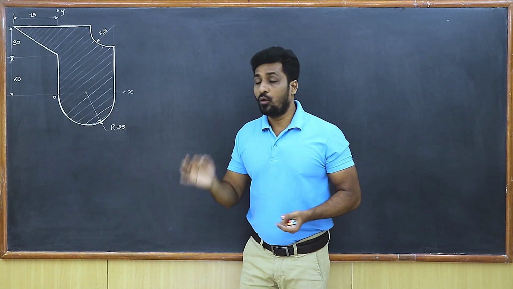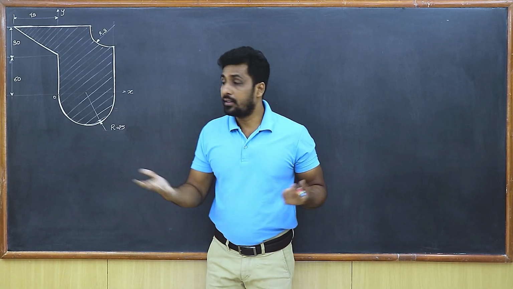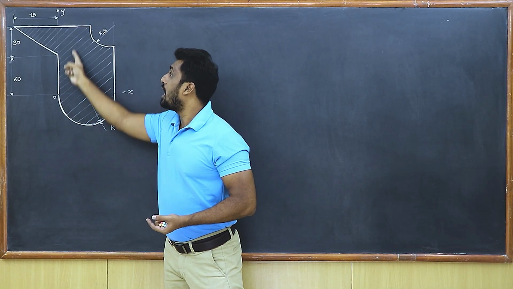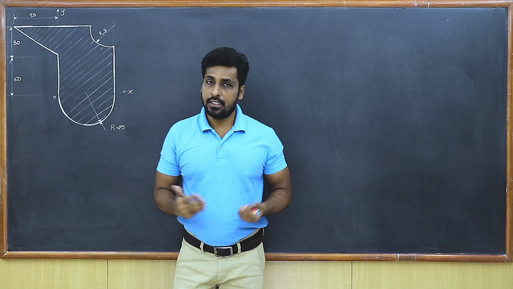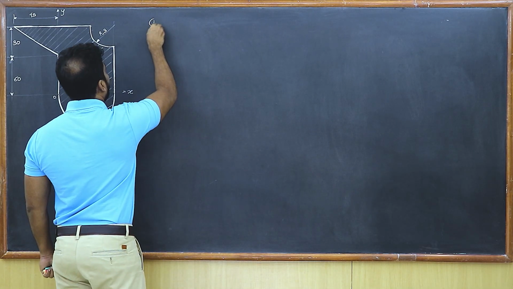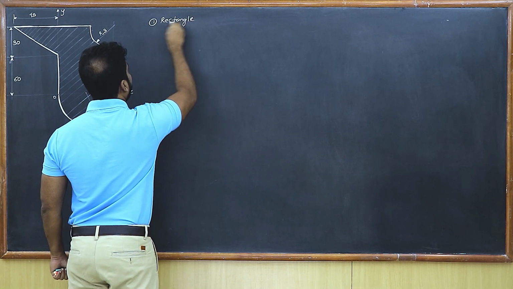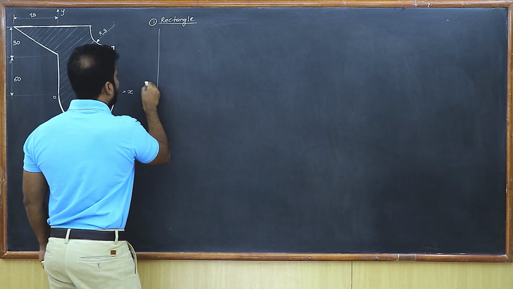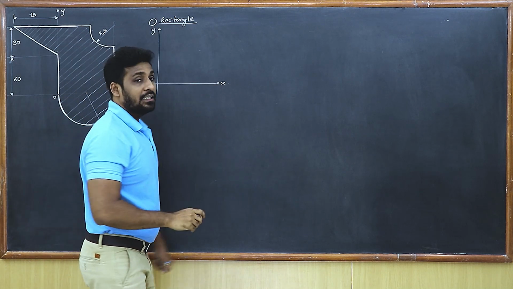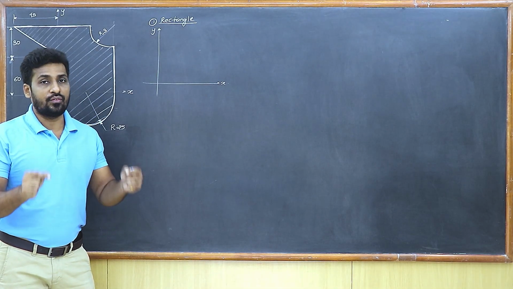So students, let's begin with the very first diagram. Here obviously I'm going to start with the simplest one, that is a rectangle, and I can observe that the rectangle is lying in the first quadrant, isn't it? So let's begin with the very first diagram, students. I have the first diagram, which is a rectangle, isn't it? So I draw the diagram here, draw the original x and y axis, and with respect to this x and y axis, show the position of the rectangle.